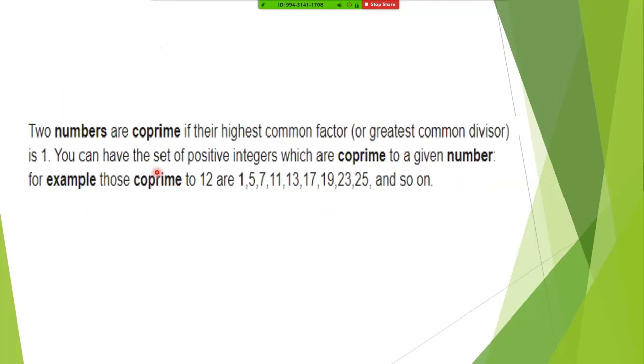Now what are co-primes actually? Two numbers are co-primes if they have no factors common other than 1. So 12 and 1, 12 and 5, 12 and 7, 12 and 11, 11 and 7, 5 and 7. These all are co-primes.